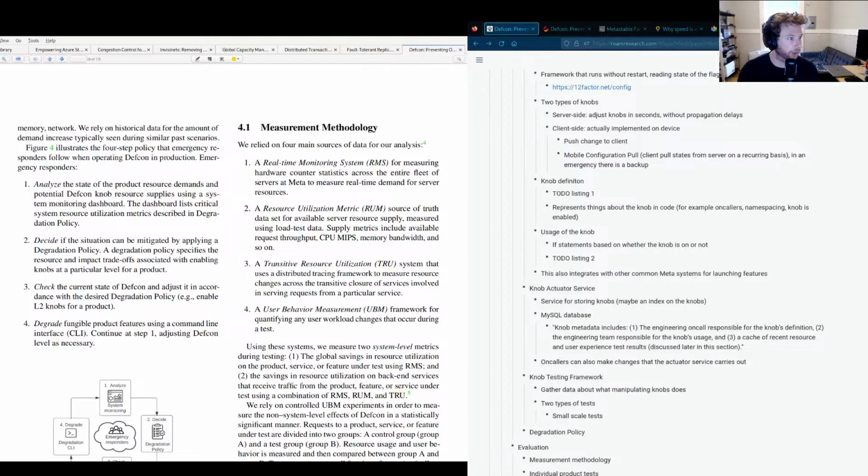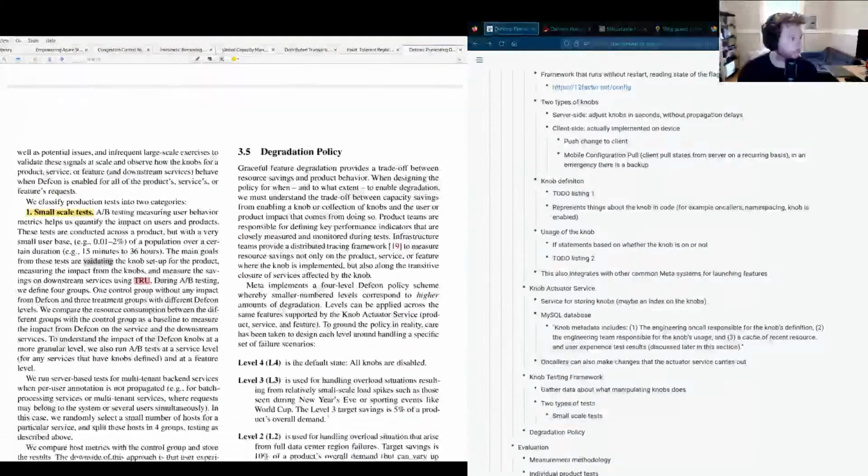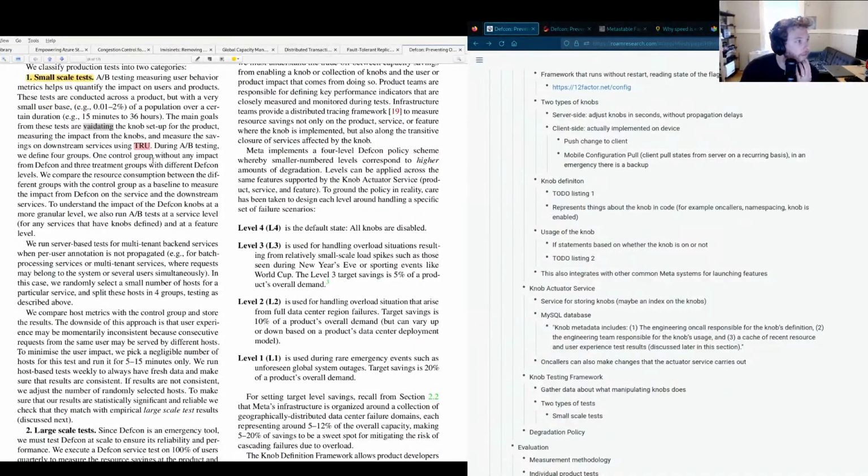Oh, transitive resource utilization. Okay. Different groups have the knobs turned off in different permutations.